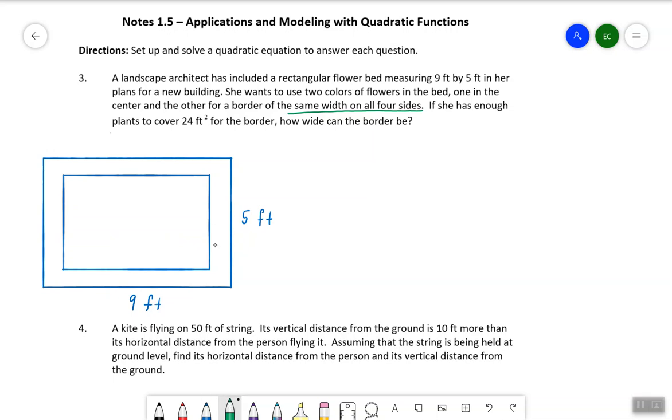And so what that means is that this distance here is the width of the border. We don't know what that width is, so we'll call it x. And it's the same width on all 4 sides, and it would probably be good if we go ahead and label it on all 4 sides.